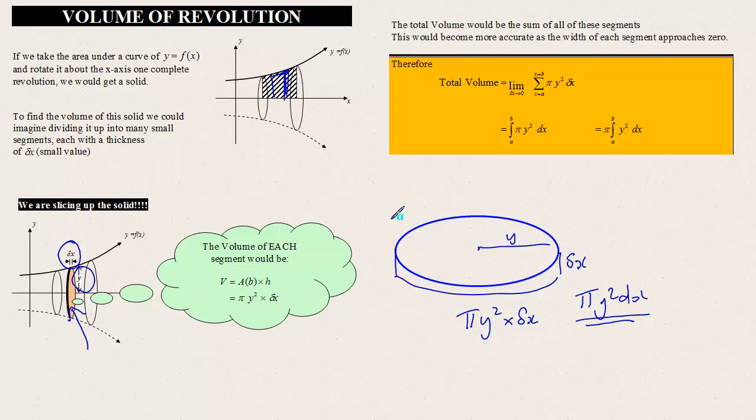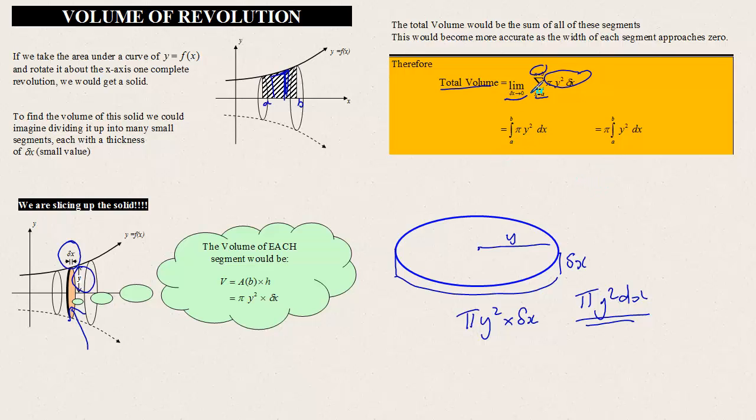And the total volume will be the sum of all of the segments. So to get the total volume, we're adding up all of these disks right the way across from x equals a to x equals b.